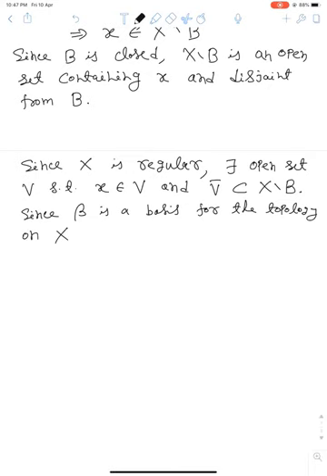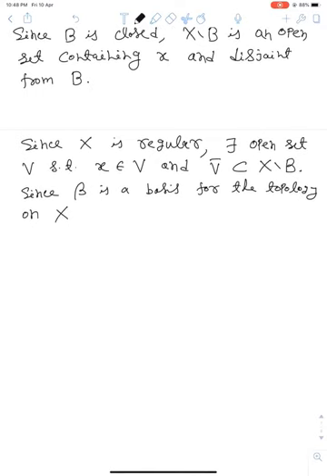It is not only a basis, right? It is a countable basis. Anyway, here we need only the property of basis. Now since beta is a basis for the topology on X, there exists Bx belonging to beta such that x belongs to Bx, which is a subset of V, right?